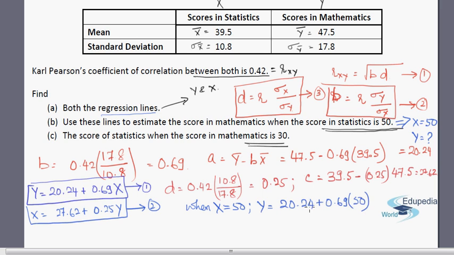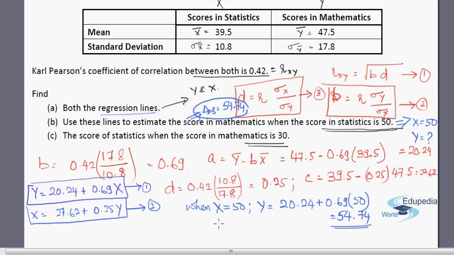Okay, and when you work this out, it's coming to be 54.74. So that's the marks in mathematics. Here the value of y, in this case, the answer is 54.74.